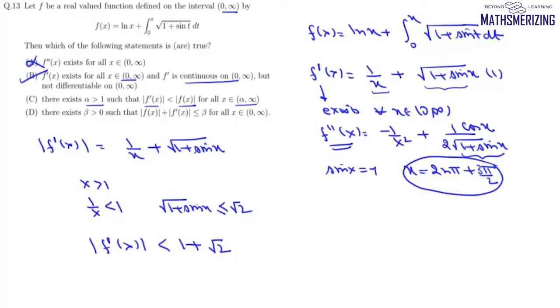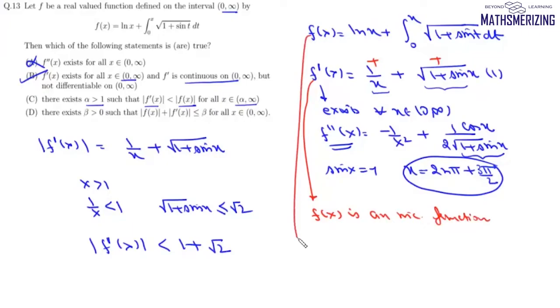Now, if we look at this f dash x, this is positive and this is positive. It clearly means that this function fx is an increasing function. So if this function increases, at infinite this value will be log infinite, which is infinite. So this function increases and goes all the way up to infinity.